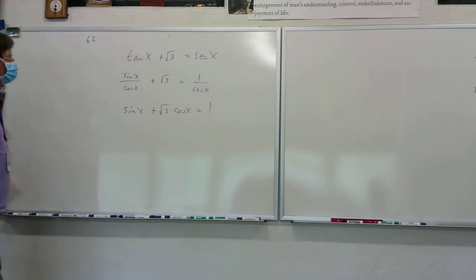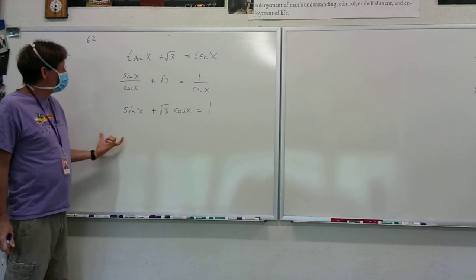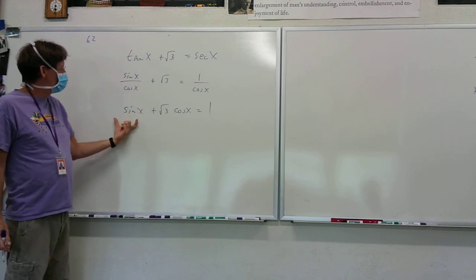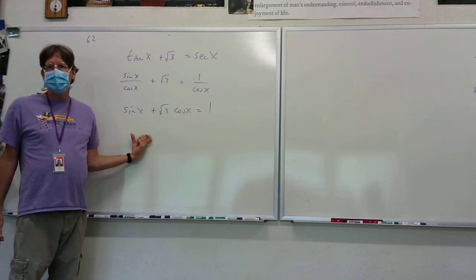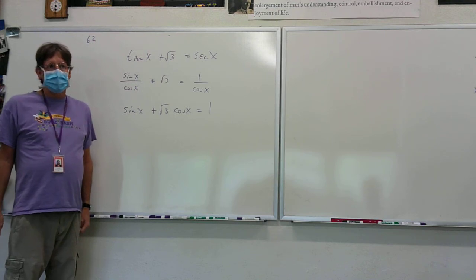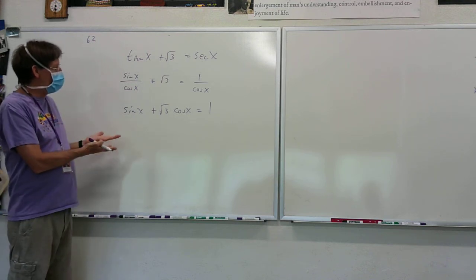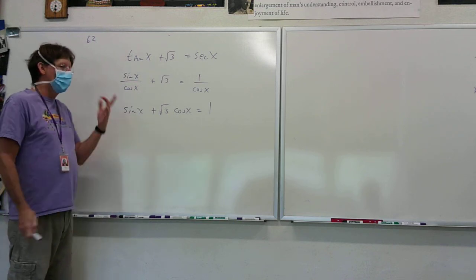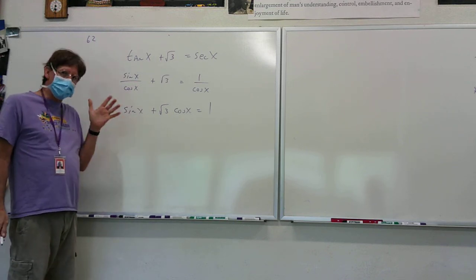But if you will notice, I'm having a real hard time coming up with a way to make this just sine x or just cosine x. All right? I can't get it to where it's sine. I can't factor it. Can't get anything to work. You get to this point, you've tried everything.